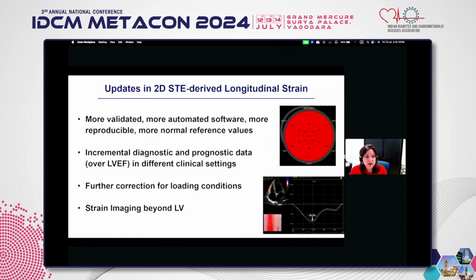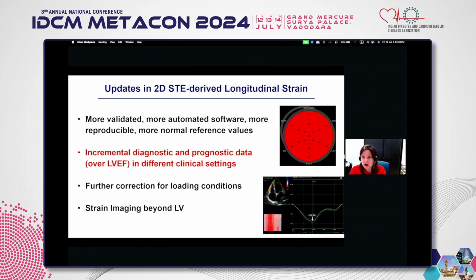Then the second point I wanted to update you on is that, thanks to the fact that we can use it more and more in clinical practice, we now have more and more data on how important this measurement is, not only for diagnosis, but also for risk stratification of several different patients.